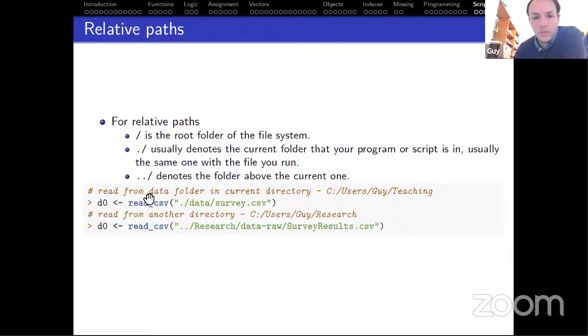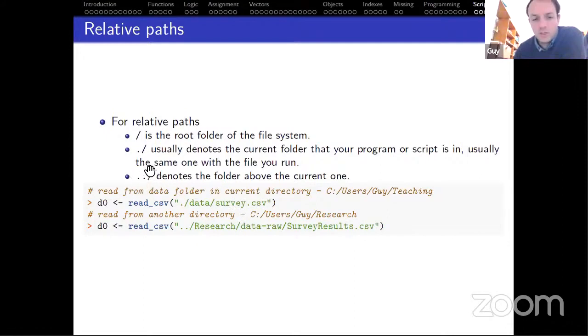So if we are in this teaching folder, and we want to look in the data subfolder, and the survey CSV is within there, we don't have to write out the whole address, C users guide teaching data survey. We can just write dot, which is where we currently are in R, then look in the data folder, and then look for this file. So this is what we call a relative path.